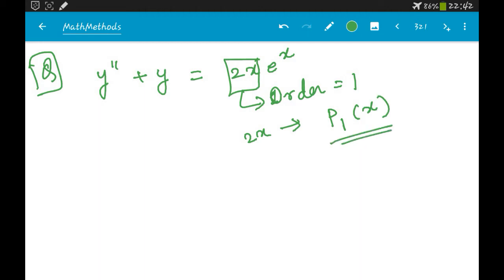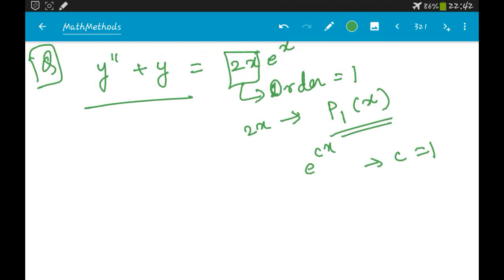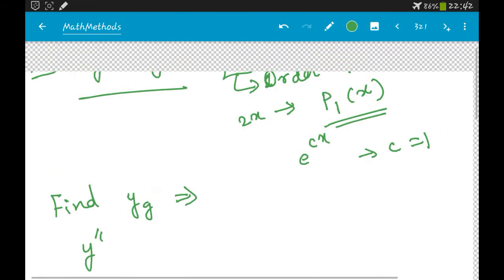Okay, and then there is an e power cx, so c is equal to 1 because it is e power 1x. Alright, so first of all, obviously in equations of this form we have to find the general solution. So first find yg. How will we find yg? We'll just set the LHS to 0.